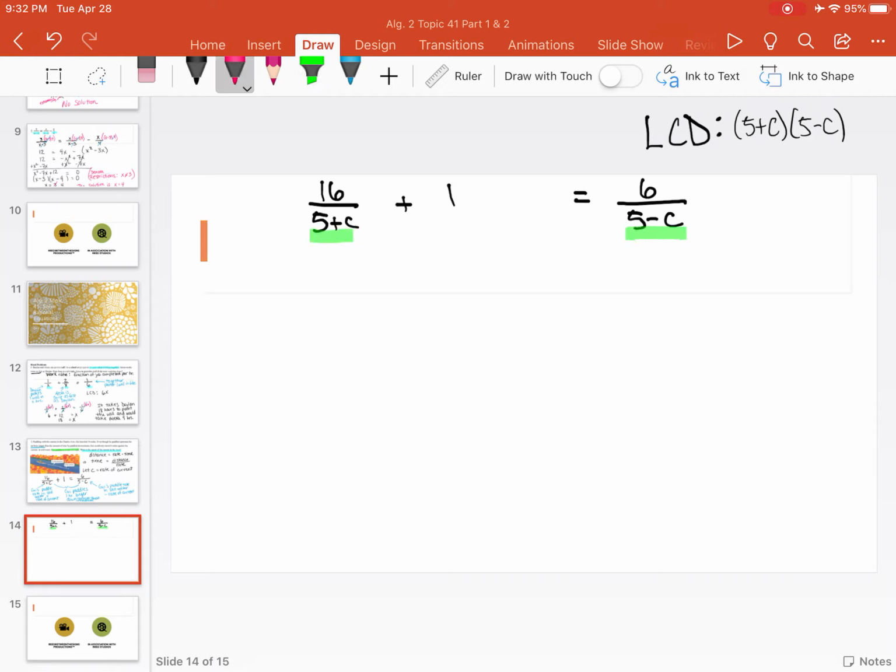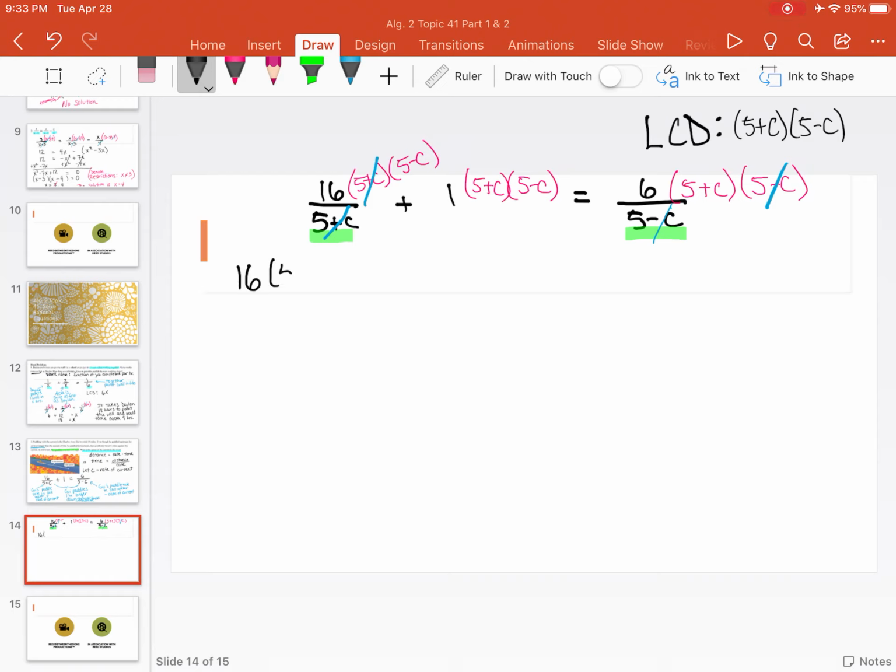So I'm going to multiply that to every single term. And now I'm going to simplify. So since we have a 5 plus c and a 5 plus c, that reduces to 1. Our middle term, we'll just need to multiply that out in a second. And then our 5 minus c and our 5 minus c.